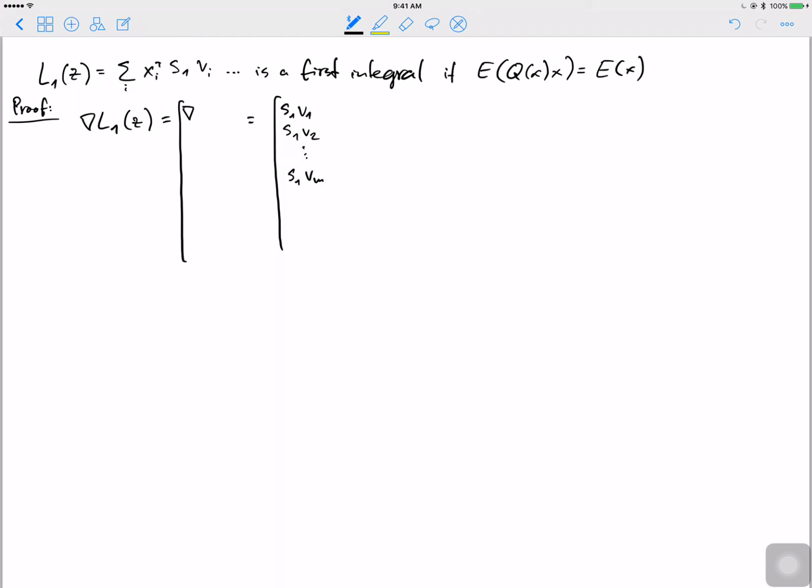So this is the gradient by x1 of L1. This will be the gradient by x2 of L1 up to the gradient by xm of L1. And now I'll have the gradient by v1 up to the gradient by vm of L1, okay?